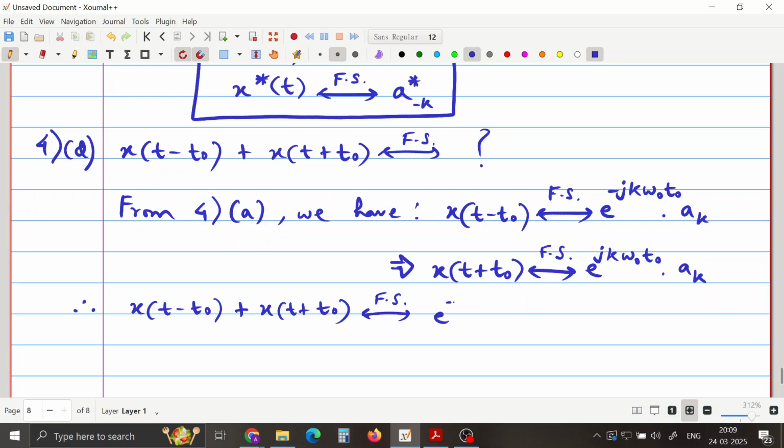So this is e power minus jk omega naught t naught into a_k plus e power jk omega naught t naught into a_k, right? This is simply using linearity.